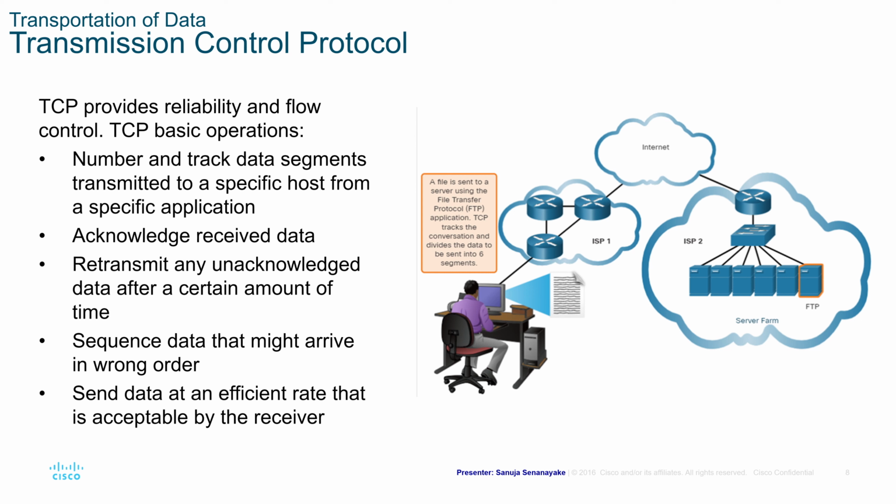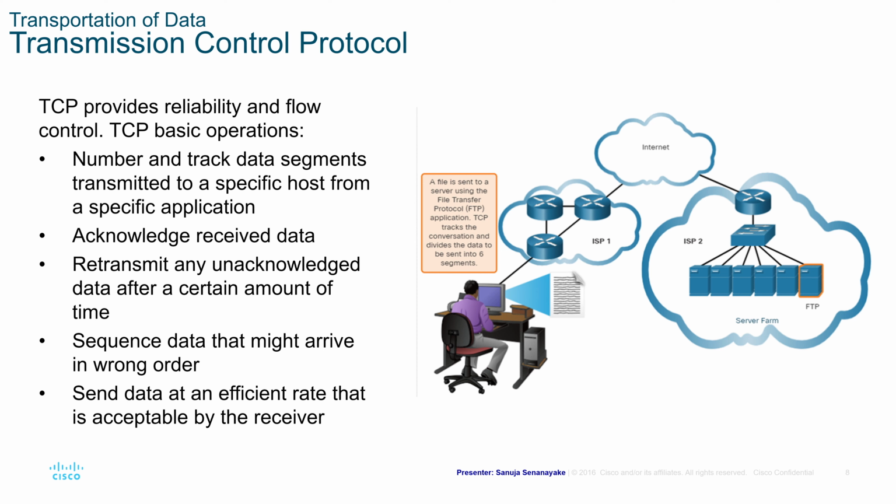Transmission Control Protocol, or TCP, provides reliability and flow control. TCP basic operations include numbering and tracking segments transmitted to a specific host from a specific application, acknowledging received data, retransmitting any unacknowledged data after a certain amount of time, sequencing data that might arrive in the wrong order, and sending data at an efficient rate that is acceptable by the receiver.